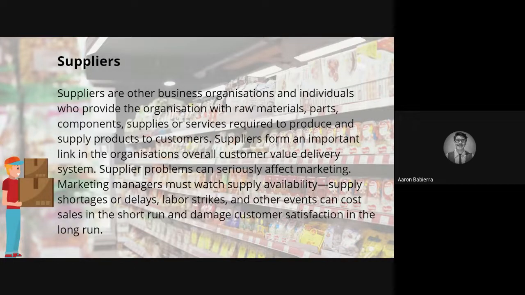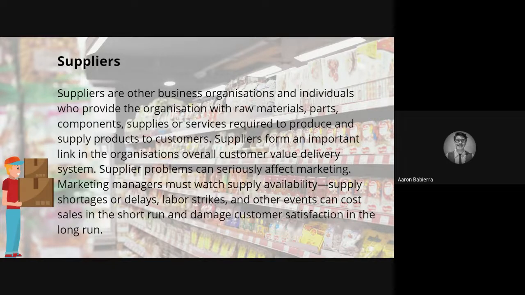Suppliers form an important link in the organization's overall customer value delivery system. Supplier problems can seriously affect marketing. Marketing managers must watch supply availability, supply shortages or delays, labor strikes, and other events that can cost sales in the short run and damage customer satisfaction in the long run.